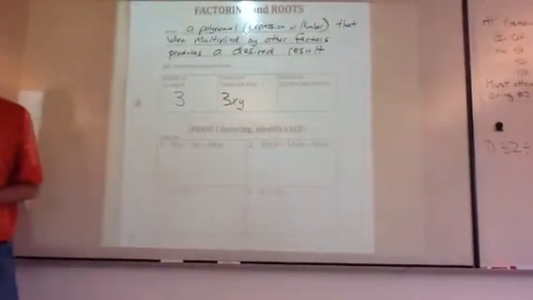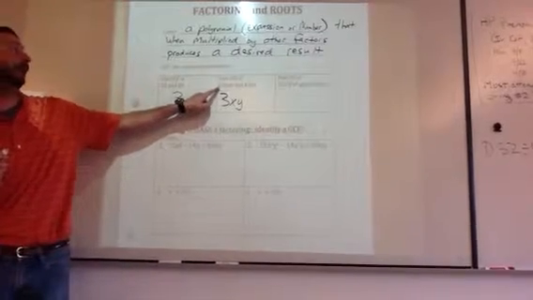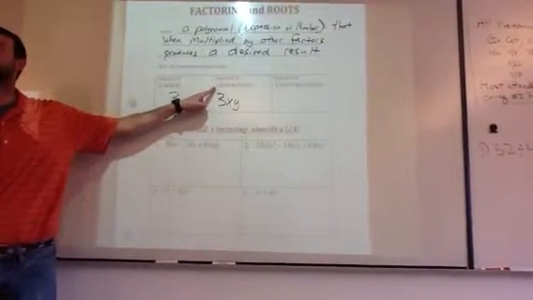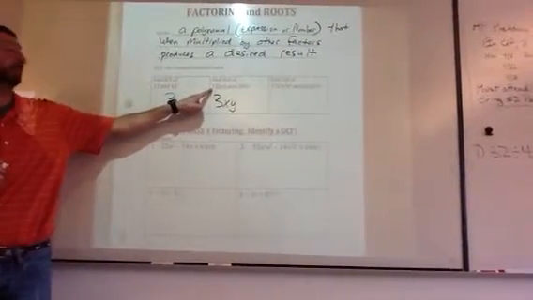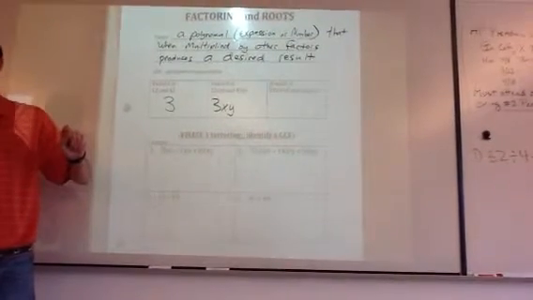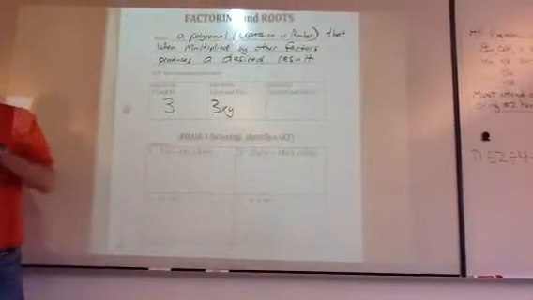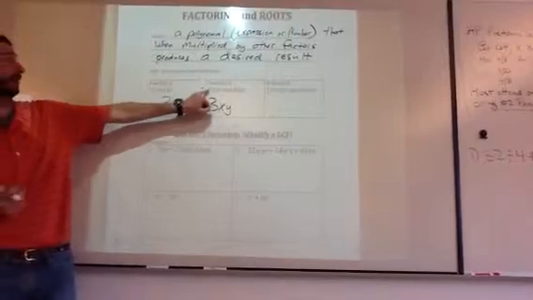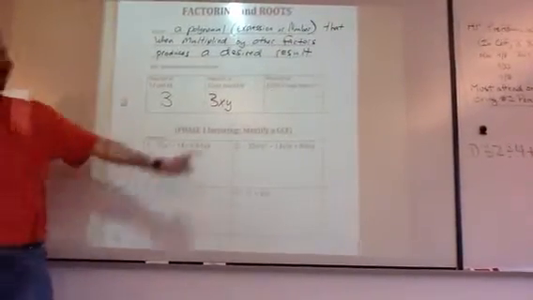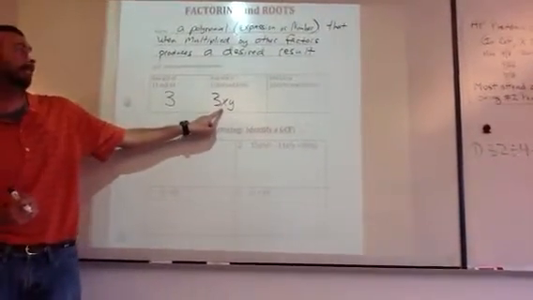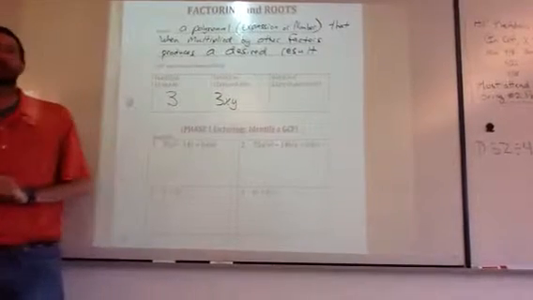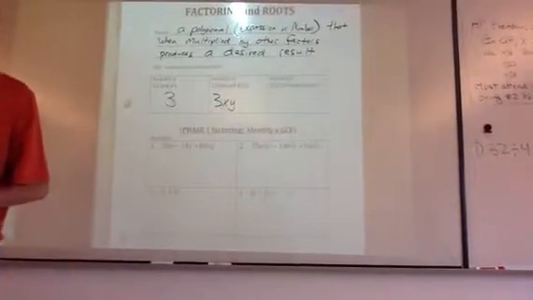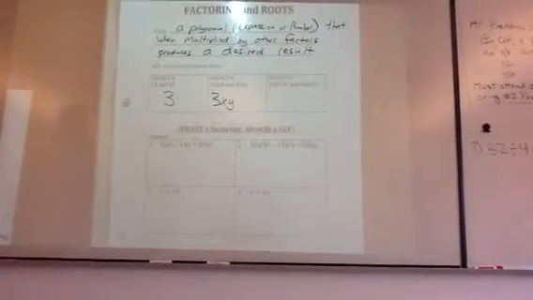What would I have to multiply 3xy by in order to get this desired result? Z and something else. 4. I'd have to multiply by 4z, and I would get that desired result. What would I have to multiply 3xy by to get that desired result? By 15. That proves it's a factor.